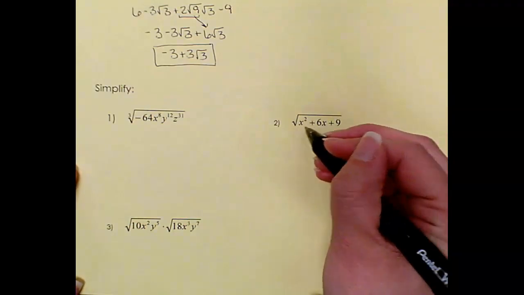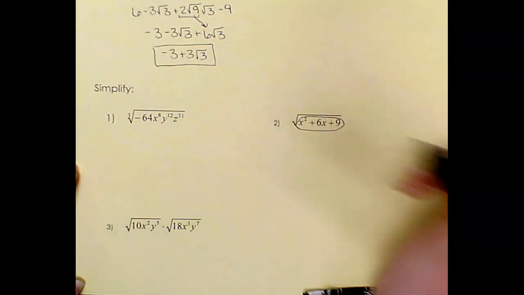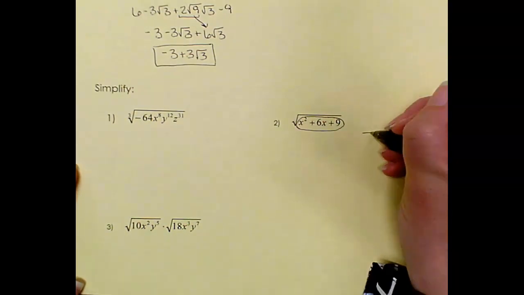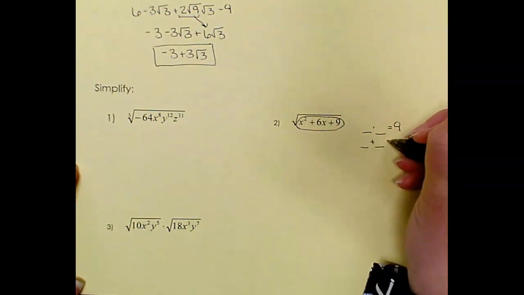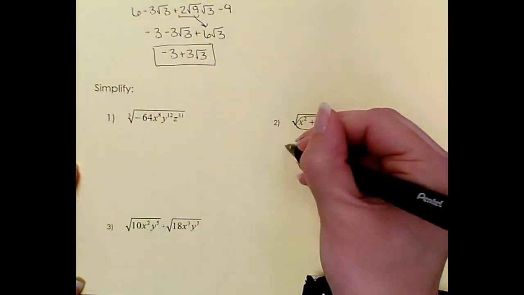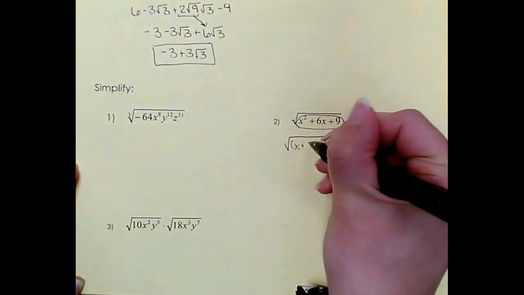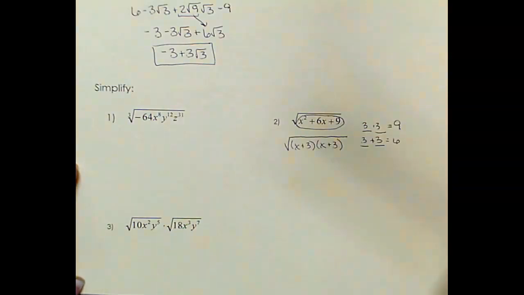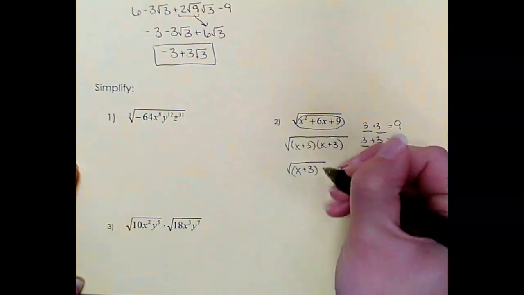Number 2, this does not look like something that we have seen. However, this does. Looks like something you should be able to break up and factor, right? So my magic numbers need to multiply to give me 9, but add to give me 6. So 3 and 3. So my factors are x plus 3 and x plus 3. I notice that that can be written as x plus 3 quantity squared.